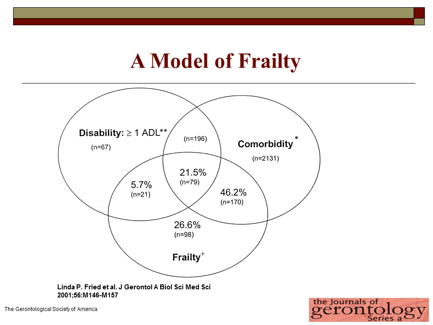And as you can see, we won't go through the exact amounts because different studies have shown different amounts of overlap, but as you can see, there are definitely people who have multiple comorbid conditions, like heart disease and lung disease or dementia, who are not frail and who are not disabled, but there also are people who are disabled who are free of comorbid conditions and free of frailty, and there are frail people who don't have disability and don't have comorbidity, and then of course there's a lot of overlap.